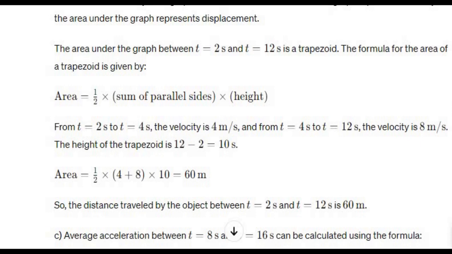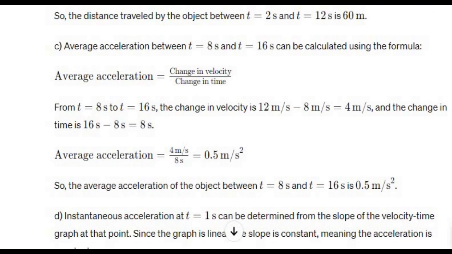60 meters. C. The average acceleration between t equals 8 seconds and t equals 16 seconds can be calculated using the formula: average acceleration equals change in velocity over change in time.